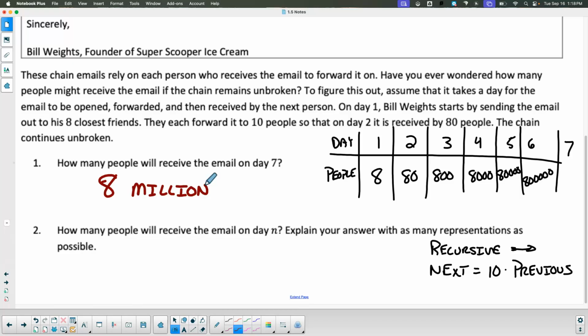So in number 2, it's asking how many people will receive the email on day N. Which kind of a formula is that one looking for? That's looking for an explicit formula. Okay? So now, is this linear like we had yesterday?